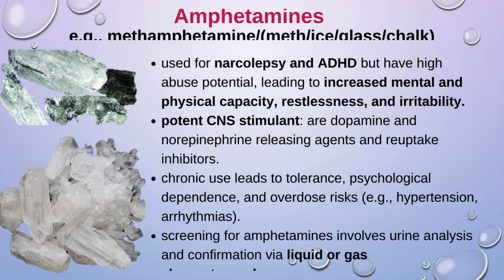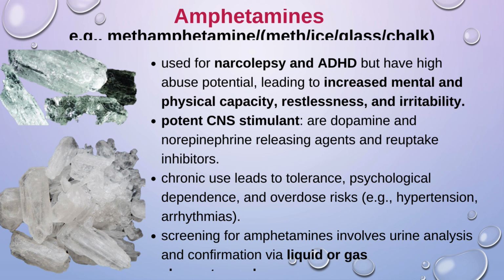So, specific drugs with high abuse potential: amphetamines. We have methamphetamines, meth, ice, glass, or chalk. This one is used for narcolepsy and ADHD. It used to be a normal drug, not a drug of abuse, but a drug for therapy. It is correlated with a high abuse potential.